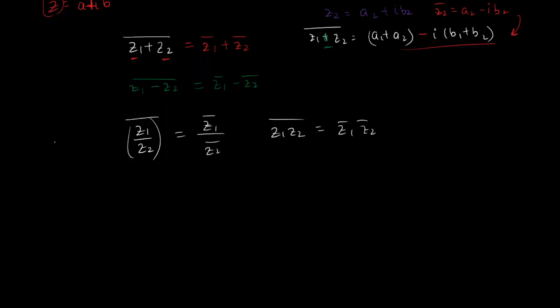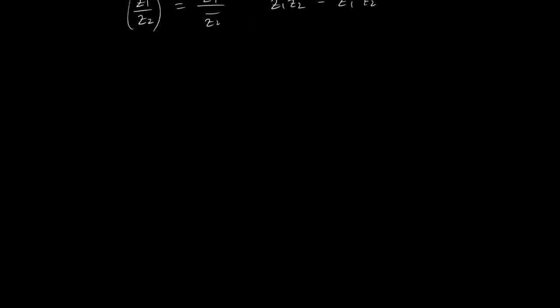But then you can use this to get a more mathematical definition of the real and imaginary parts of a complex number. Now, what do I mean by that? If you had a complex number a plus ib, you could write its conjugate, that will be equal to a minus ib.